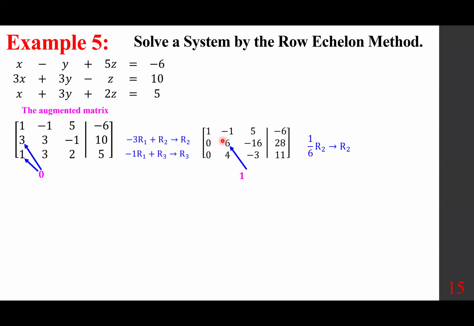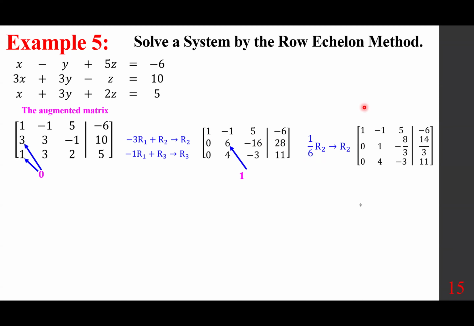So the first row and the third row don't touch. This one is 0 because divided by 6 is 0. 6 divided by 6 is 1. Minus 16 over 6. That's negative 8/3. 28 over 6, 14/3.